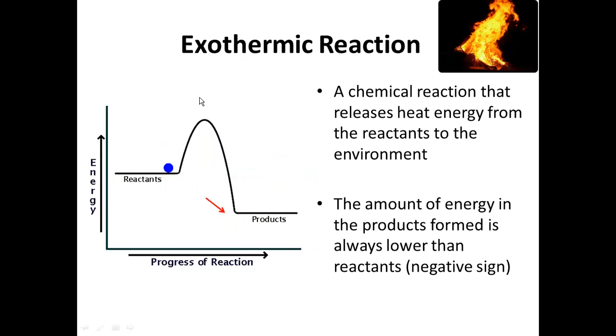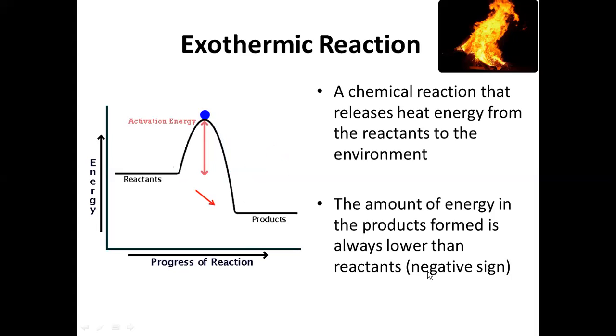It shows our energy being released from the reactants, and that energy goes off into the environment. It's released as thermal energy or heat energy. So we look for the position of reactants compared to the position of products. In this case, the reactants are higher than the products, so energy had to be released from them.